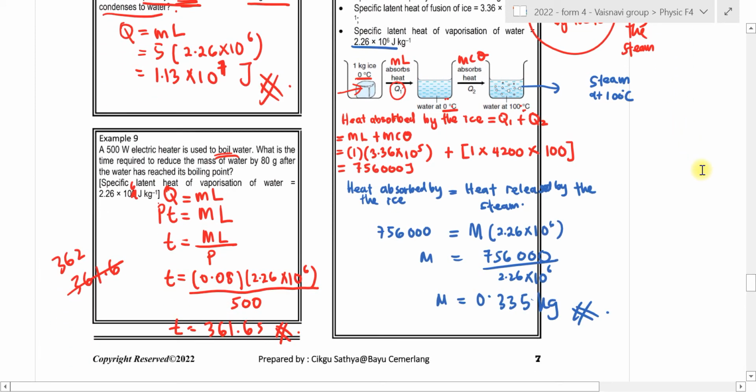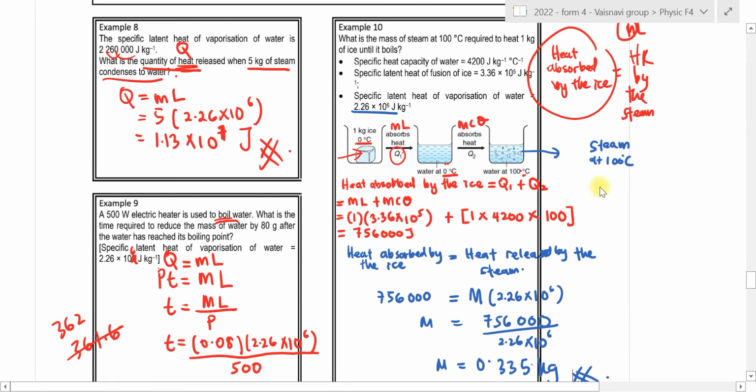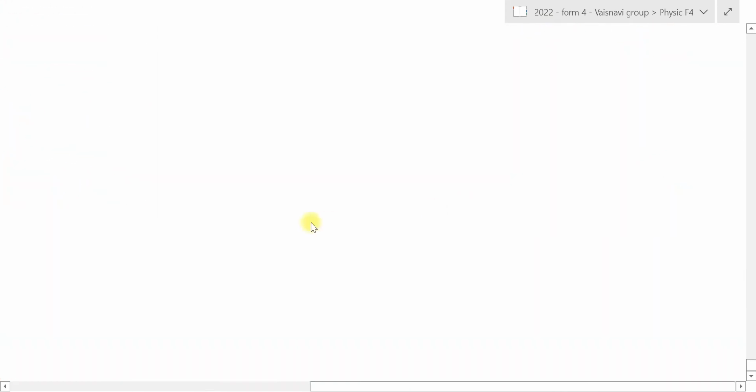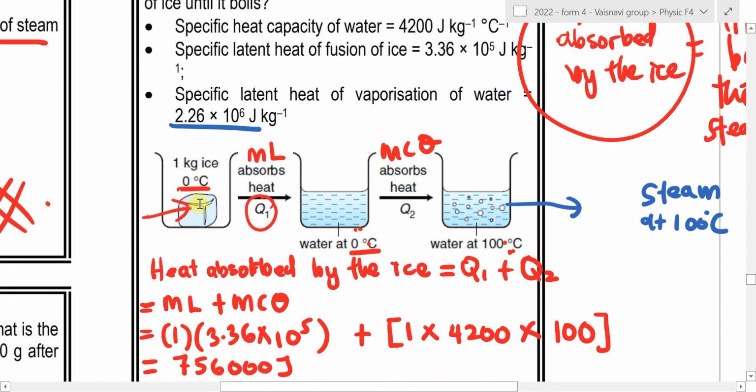I don't understand the heat absorbed by ice, Q1 plus Q2. We divide this into several states. First it is ice. Then this ice will become water at the same temperature.